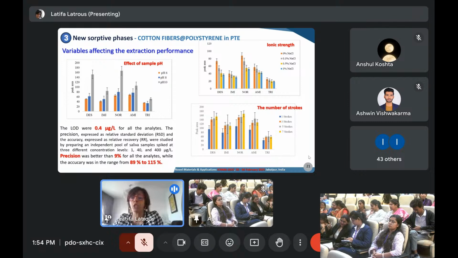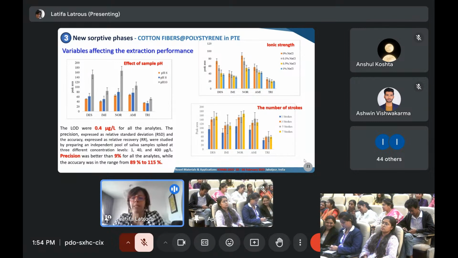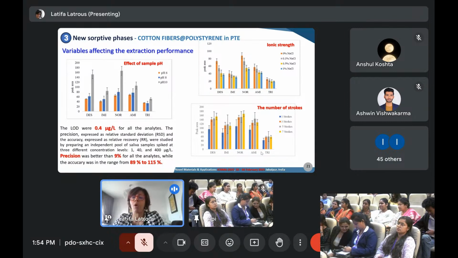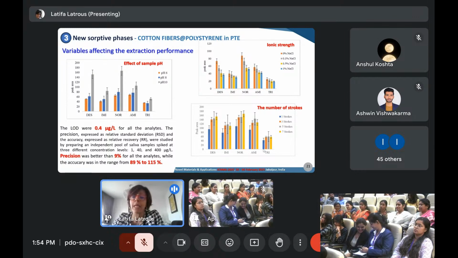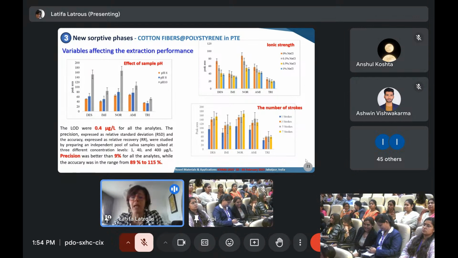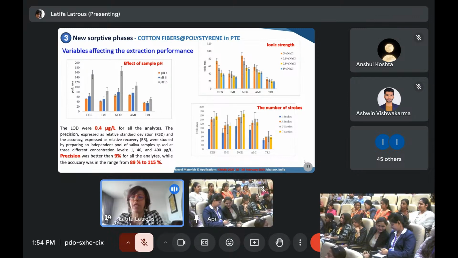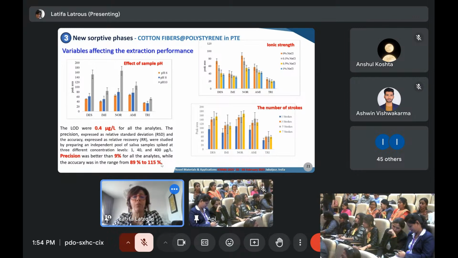The addition of salt to the sample was not considered for further studies. Regarding the number of strokes, the signal increases with the number of strokes, although at higher cycles the precision was affected. To speed up the extraction, 3 cycles were selected as the optimum value.